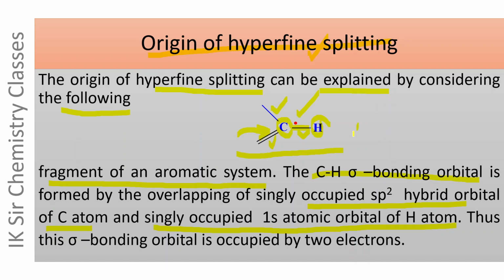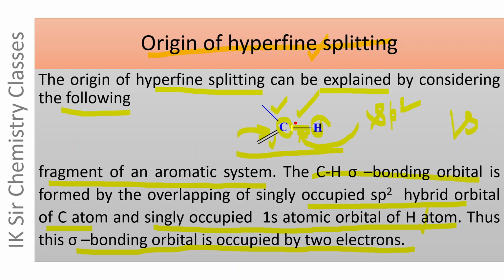This CH sigma bonding orbital is formed by the overlapping of the singly occupied sp2 hybrid orbital of the carbon atom and the 1s atomic orbital, which is also singly occupied, of the hydrogen atom. Thus, this bonding orbital is occupied by 2 electrons.